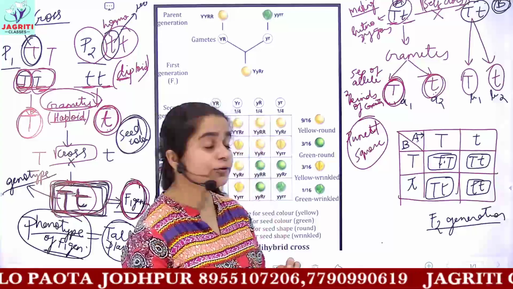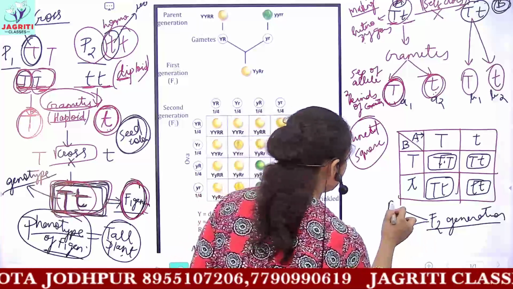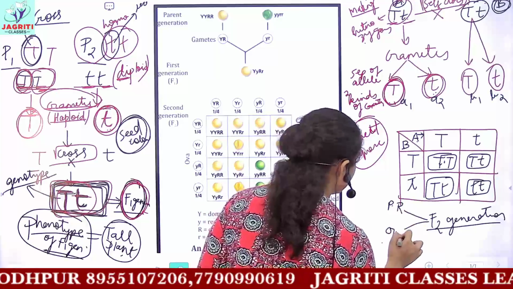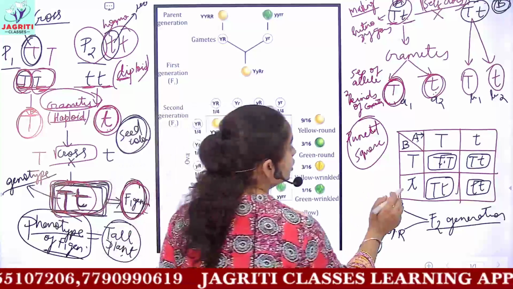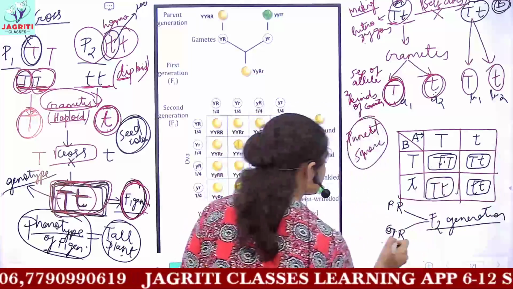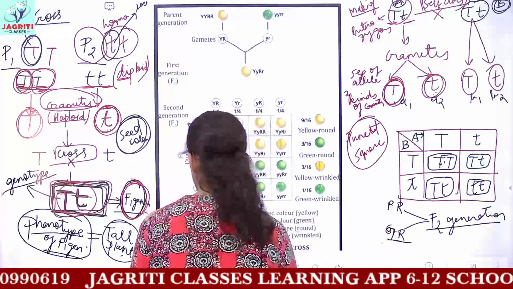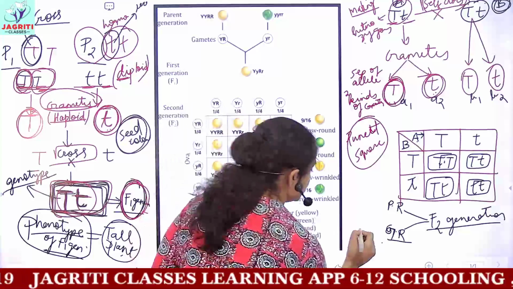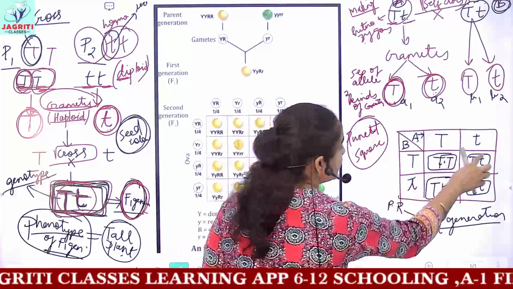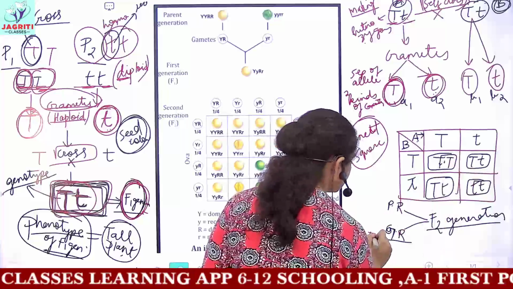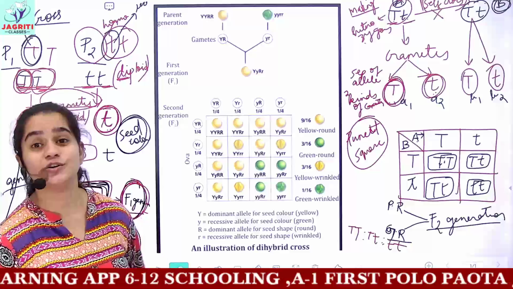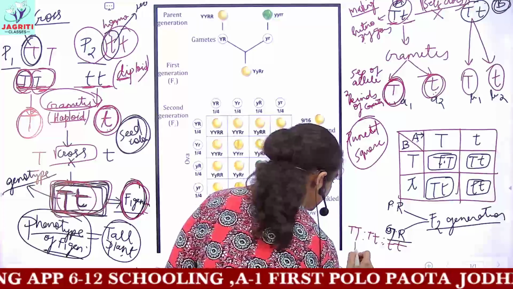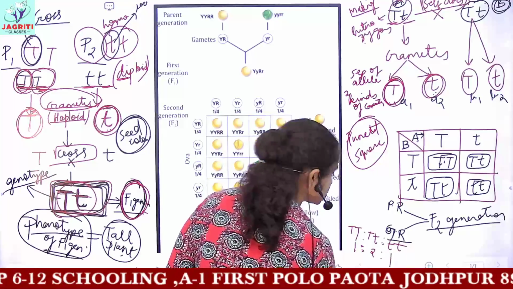Now you have to find the phenotypic ratio and the genotypic ratio of F2. First we'll write the genotypic ratio. The genotypes of F2 are capital T capital T, then capital T small t, and the last one is small t small t. So the genotypic ratio, the numerical ratio, would be 1:2:1.